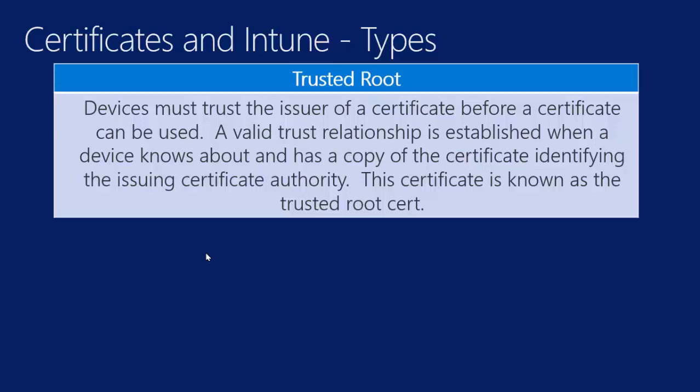But before that device will trust the cert, it has to know that the cert was delivered by a trusted entity. So to enable building that trust relationship, you have to first deploy the Trusted Root Cert from your certificate authority onto the device, so the device knows when it sees a certificate issued from that certificate authority that it is trustworthy.